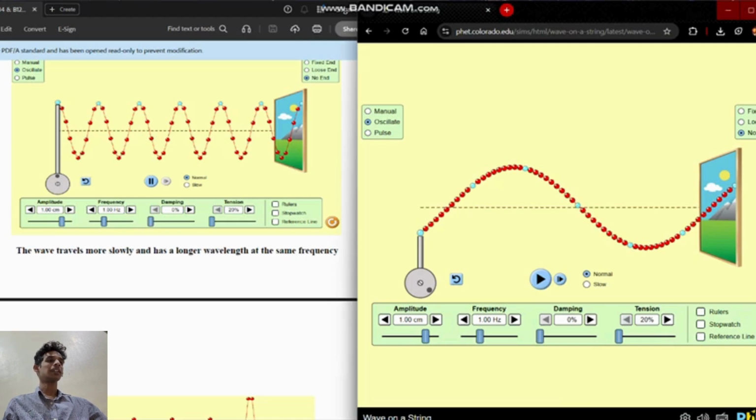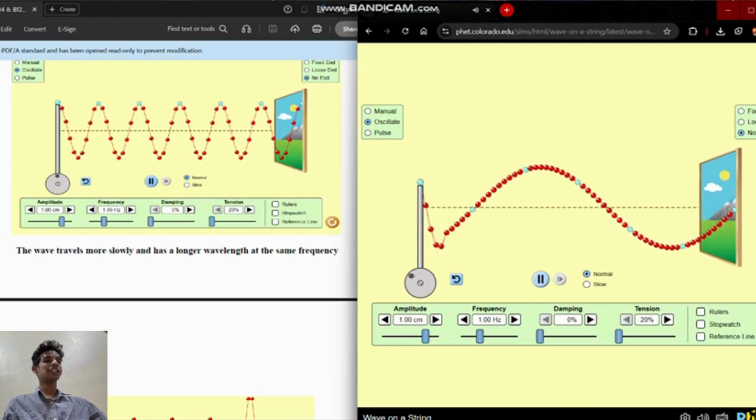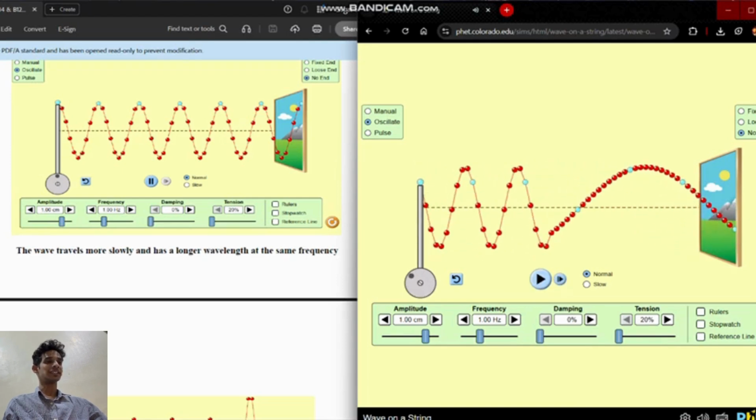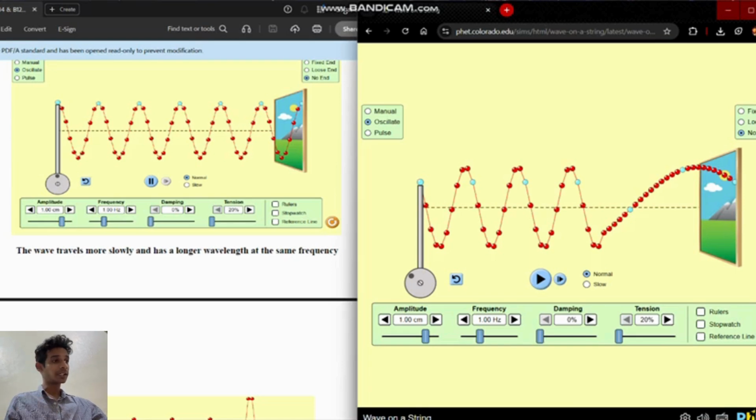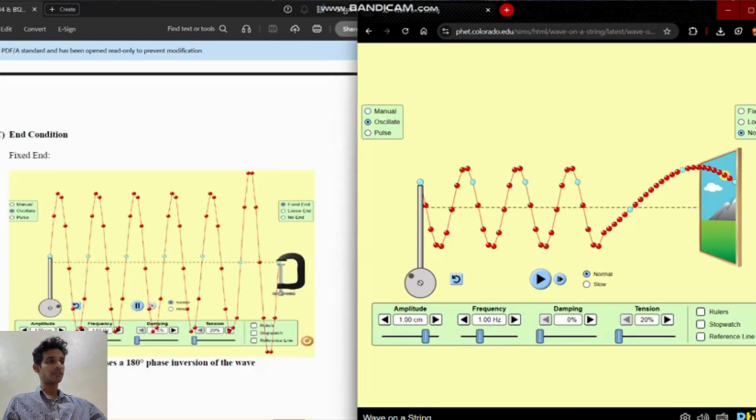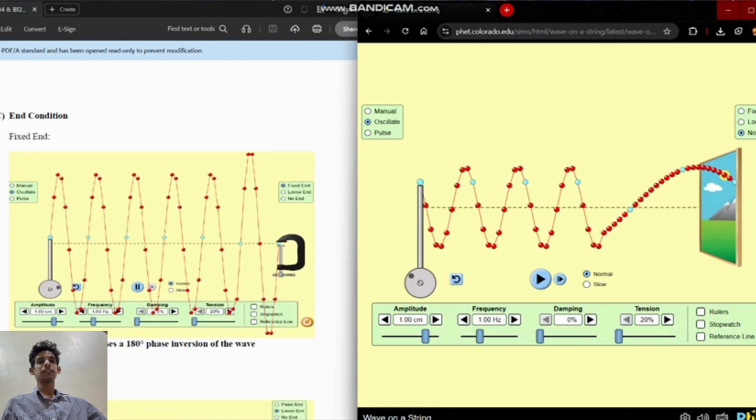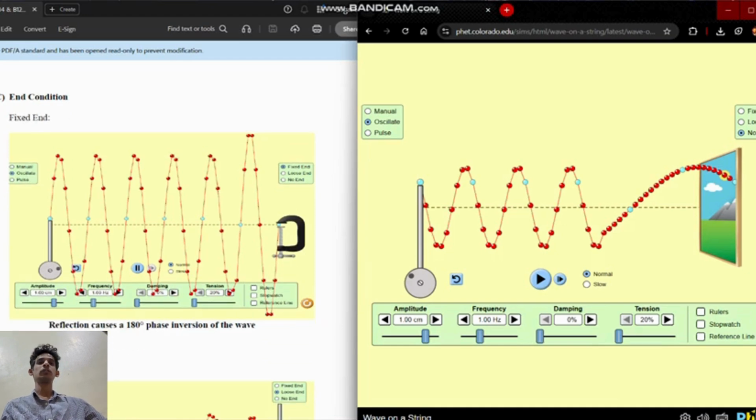This means the wave speed decreases, the wave travels slower and the wavelength becomes longer for the same frequency, and the wave motion appears looser and more flexible. This happens because there is less restoring force to pull the string back. Okay, we go into the next one.